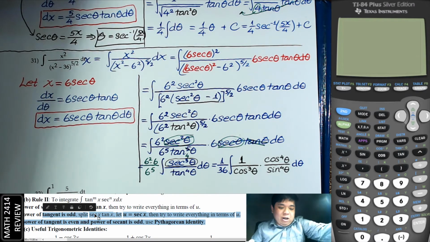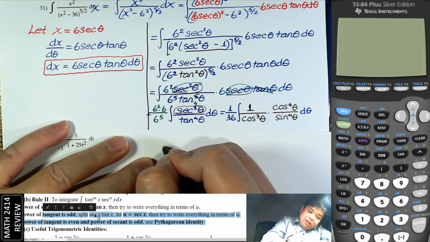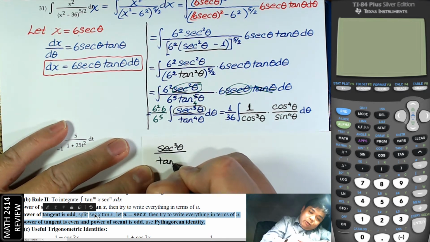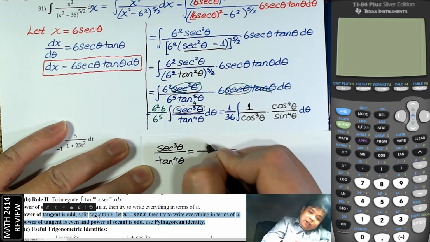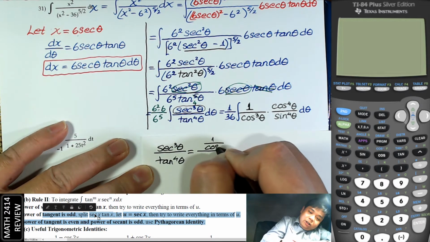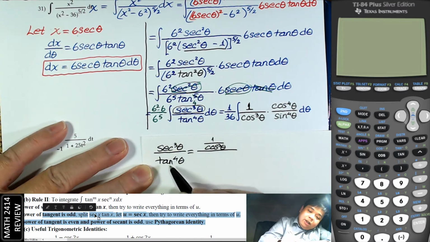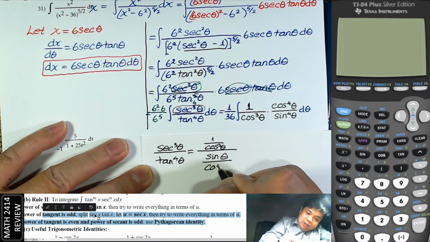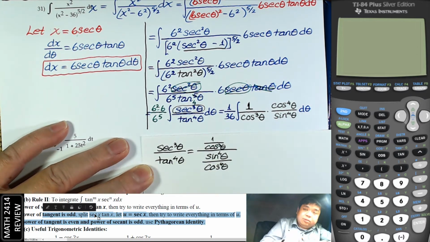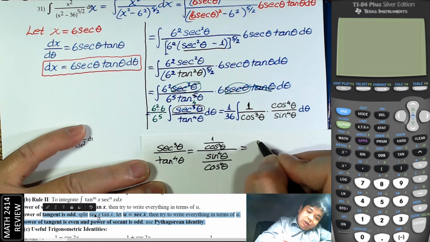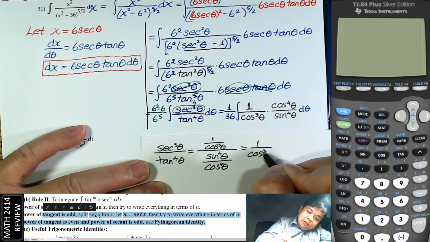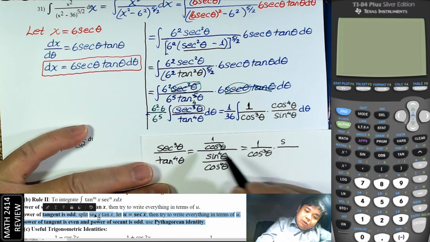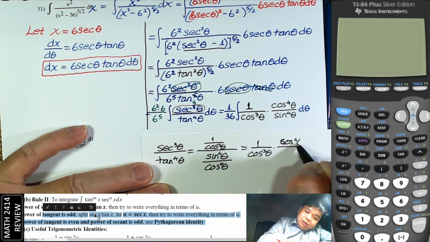Let me write this again in more detail. Secant cubed over tangent to the 4th. Secant cubed is 1 over cosine cubed. And here tangent is sine over cosine to the 4th. And multiply by the reciprocal: cosine on the top, sine at the bottom.